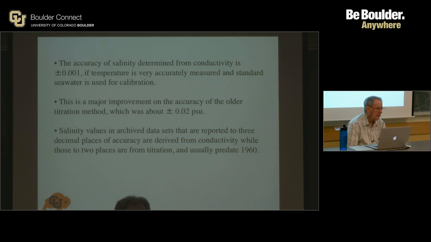I don't know why. Some Russian in their group didn't trust the salinometer. Anyway, their salinities were so wrong, they got the Antarctic circumpolar current going in the wrong direction. And we said, no, if you look at this, it doesn't do that. So, big change.